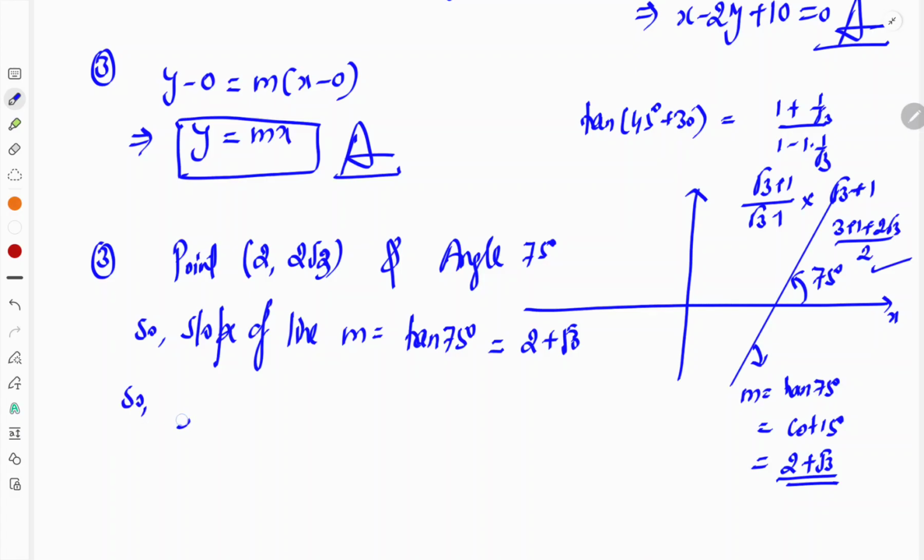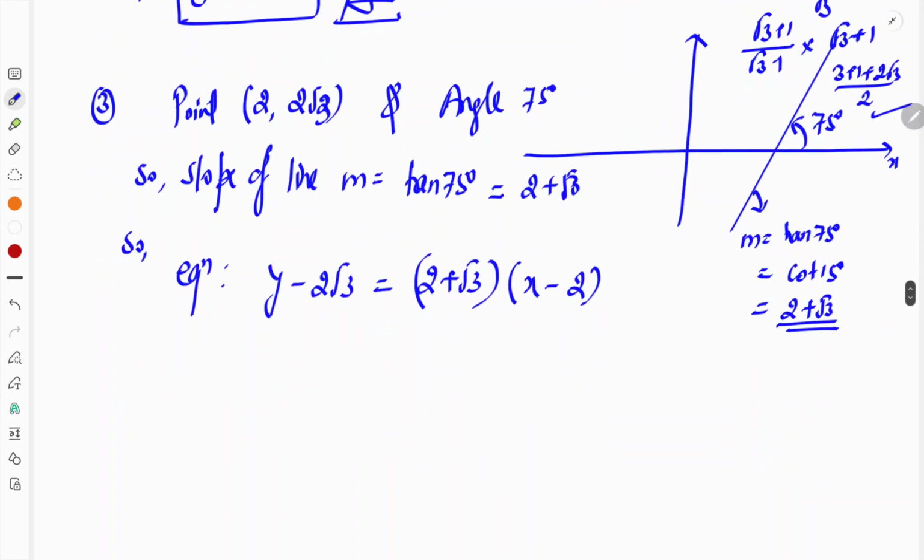So the equation will be what? The equation is y minus y1, which is 2 root 3, equals m, which is 2 plus root 3, times (x minus x1), meaning x minus 2.